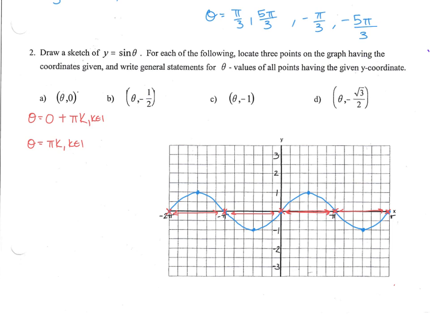At negative 2 pi, we have a y value of 0. If we wanted to continue on, at 10 pi, if I were to continue to draw my sine curve, I will have a y value of 0. At negative 200 pi, I will have a y value of 0. Okay, and again, I only needed one statement because my y value is repeated at regular intervals.